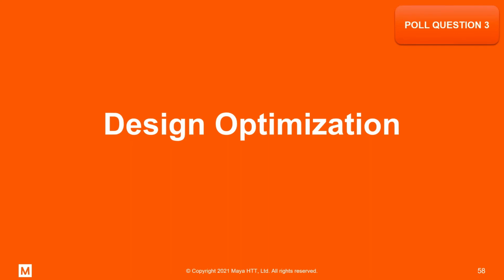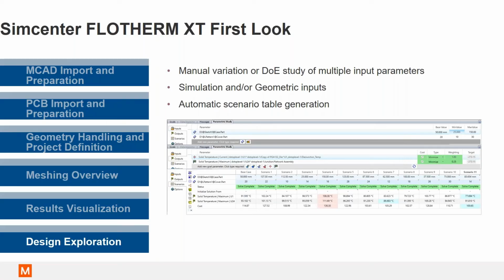Yes, that's definitely true. Customers these days are definitely doing design optimization studies, but in a manual fashion, and you can definitely go ahead and automate this process. There is a notion that it's difficult to perform, but I'm going to show you within FlowTherm XT, it's pretty much feasible and simple to perform. As I said, the final stage of any thermal design analysis story is going to be the design exploration stage.